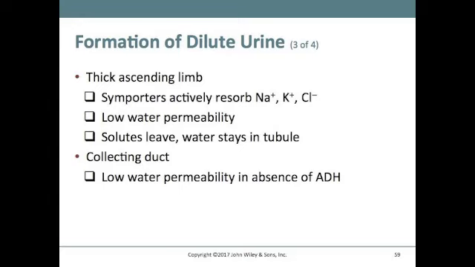Finally, the principal cells of the late distal convoluted tubules and collecting ducts are impermeable to water when the antidiuretic hormone level is very low. Thus, tubular fluid becomes progressively more dilute as it flows onward. By the time the tubular fluid drains into the renal pelvis, its concentration can be very low. This is 4 times more dilute than blood plasma or glomerular filtrate.